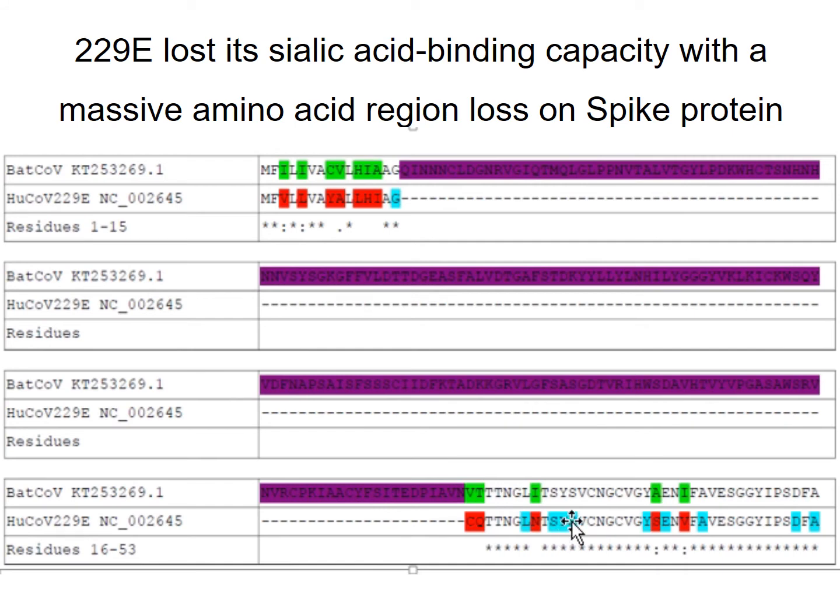You can see the purple area is all gone, it's deletion. The blue color means that there are mutations taking place after adaptation. The green and the red ones are the different amino acid substitutions. So green and red mean it changed through the host change, but blue means recent mutations.